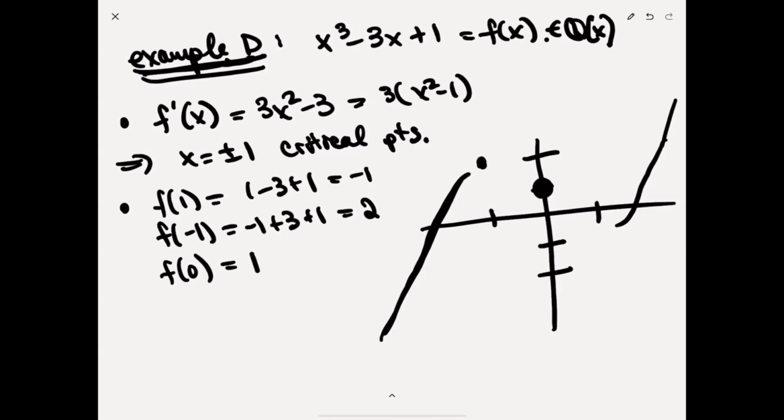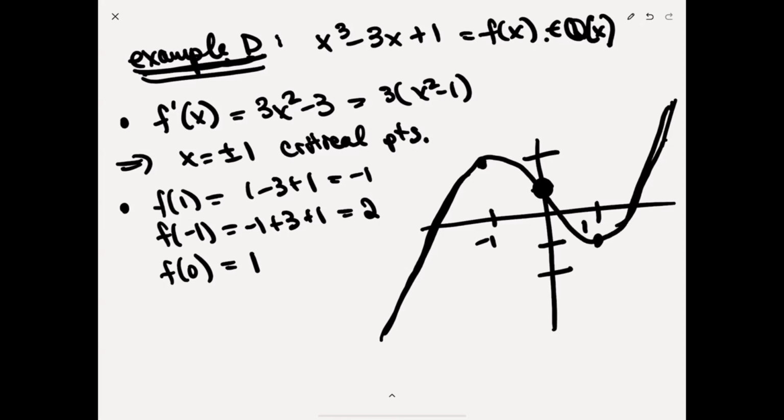This is minus 1, and this is 1. So it goes like this, and then at 1 the value is minus 1. So it goes like this.